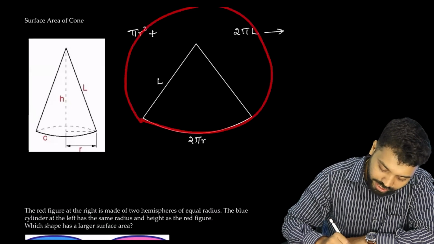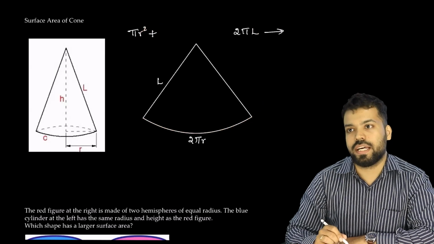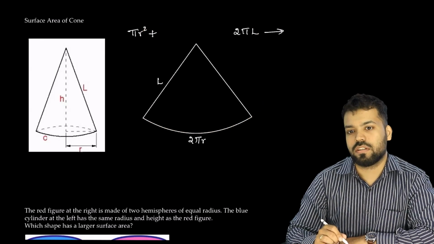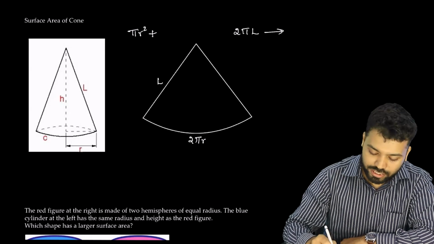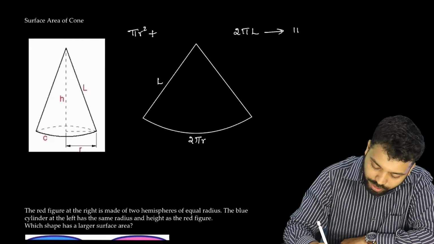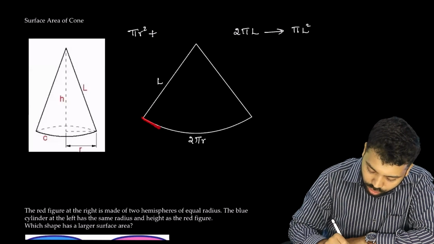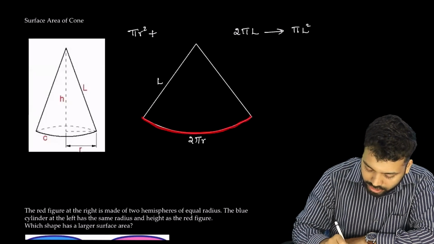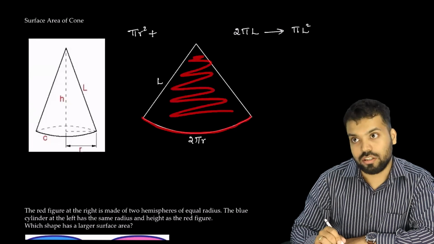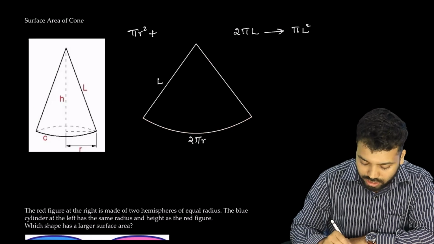What is the corresponding area for this one? Pi L square. Very good. Yes, the corresponding area will be pi L square. But I am interested in only this much circumference and the corresponding area.